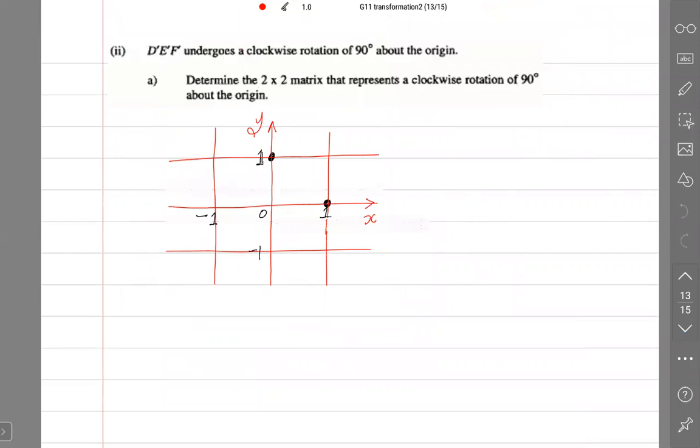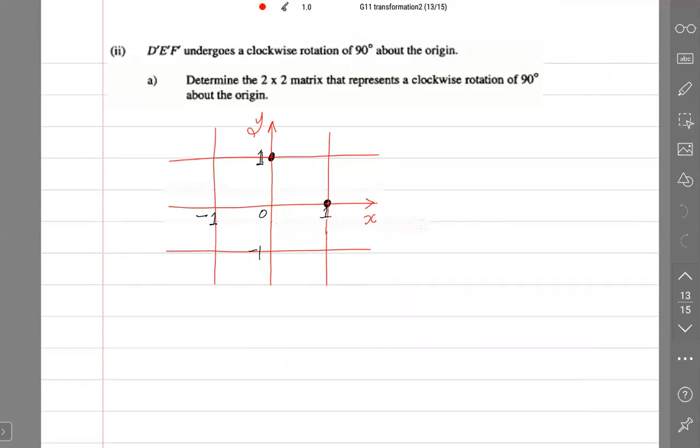All right, part II. It says D prime, E prime, F prime undergoes a clockwise rotation of 90 degrees about the origin. We're asked to determine the 2 by 2 matrix that represents a clockwise rotation of 90 degrees.